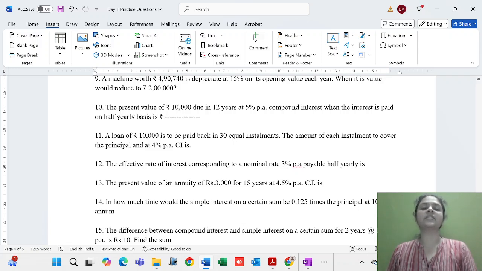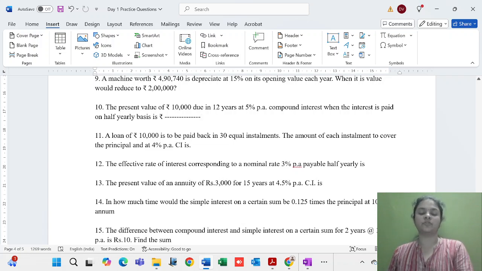This 10,000 is the future value. N is 12 years, 5% R. When interest is paid half yearly, so compounding half yearly, 12 multiplied by 2, R divided by 2. So I believe you can solve. Future value is given, present value you need to find out. Which is the principal you need to find out.